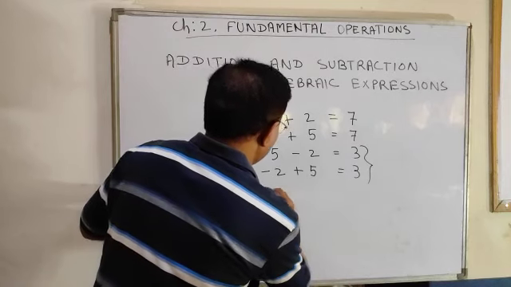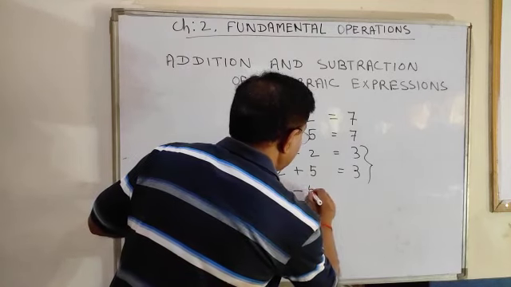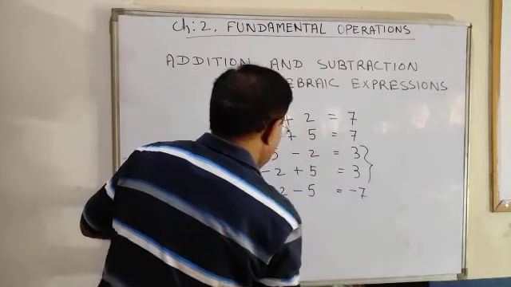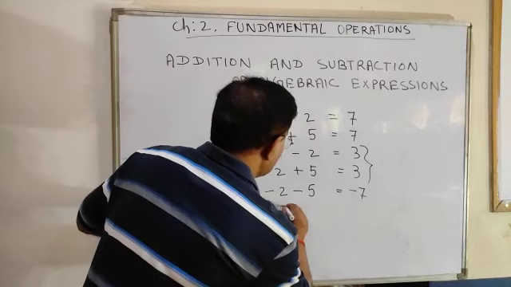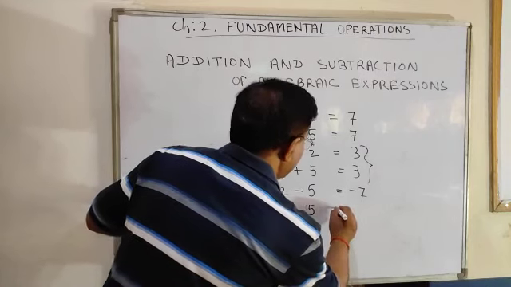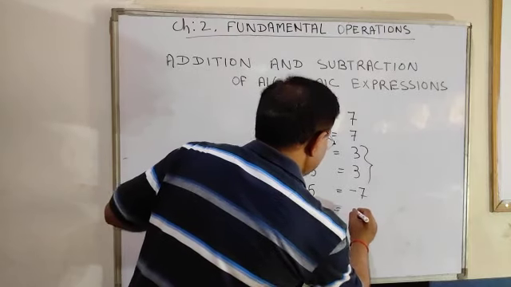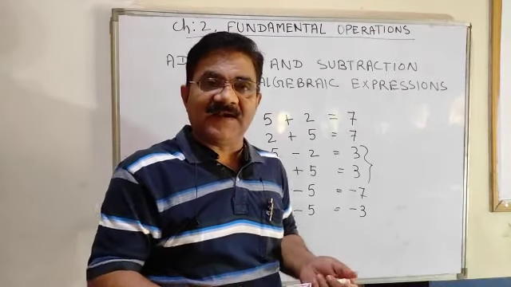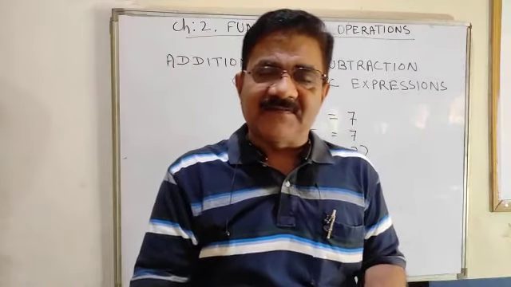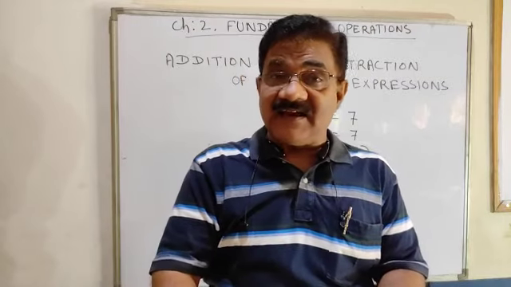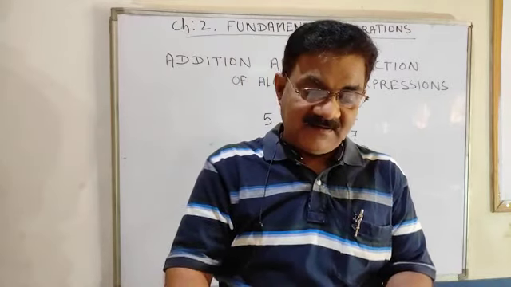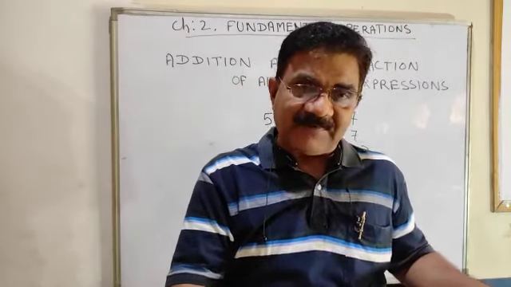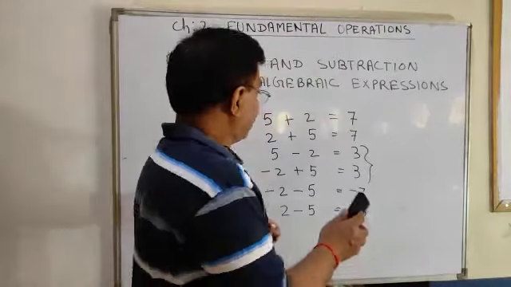Now minus 2 minus 5 will be minus 7, and 2 minus 5 will be minus 3. So this thing we have discussed in arithmetic. Here in algebra, where literals are used with the numbers, we are going to discuss addition and subtraction of algebraic expressions.